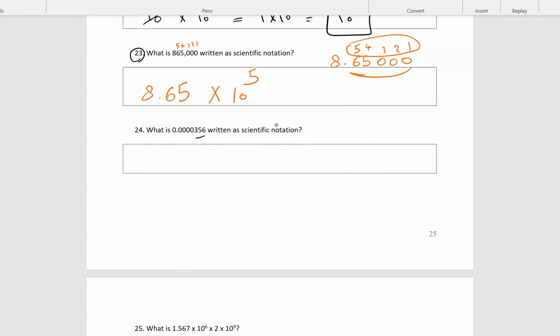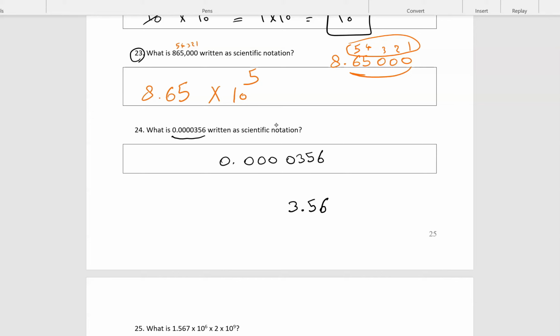Again, in this one, you have 0 and 356, so you're going to write something like 3.56.